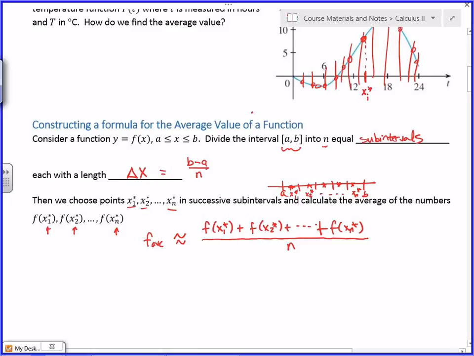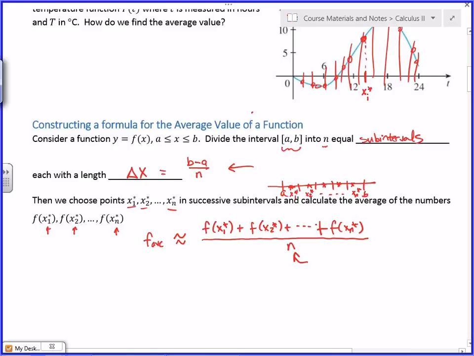Taking the limit of that is a little bit of a problem because you've got an infinitely large sum on top and an infinity on the bottom. So just looking at that directly, you don't see how that simplifies. But there are a couple things I can do here. One, I can replace n with something from this formula.